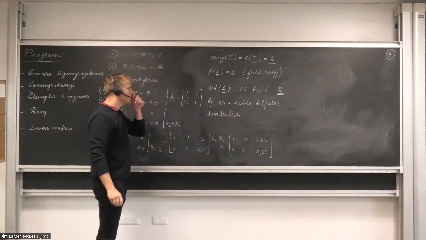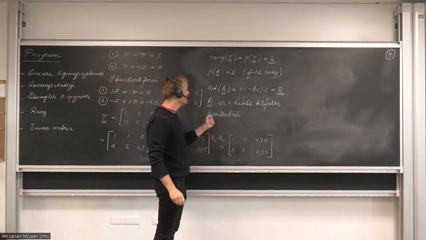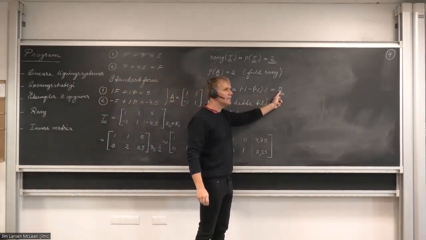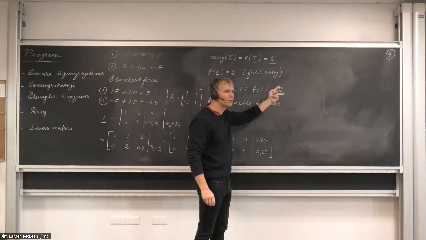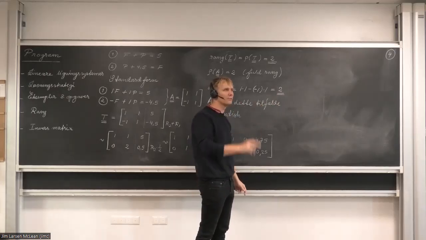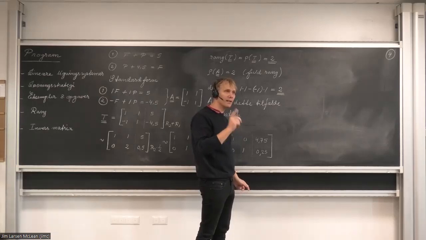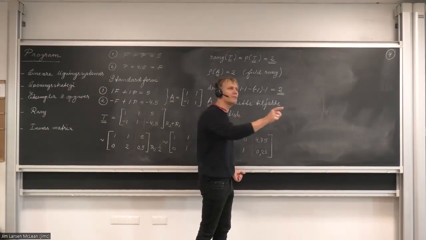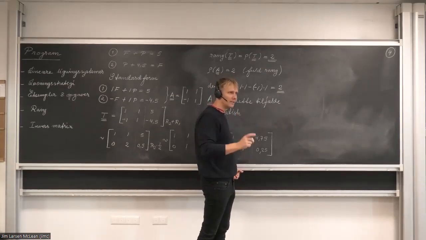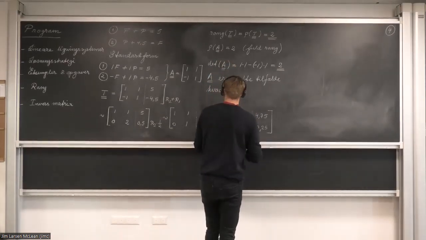And if you have a square matrix with a determinant that is not 0, because it was 2, not 0, then it is full rank. So a square matrix with a determinant different from 0 always has full rank. I'll write that down, it's important.